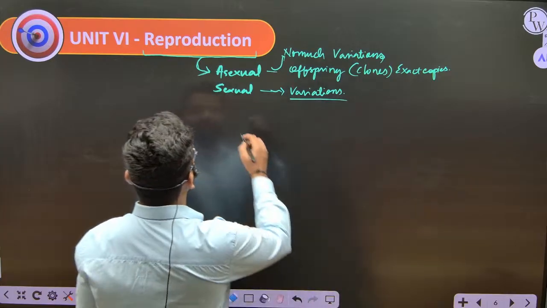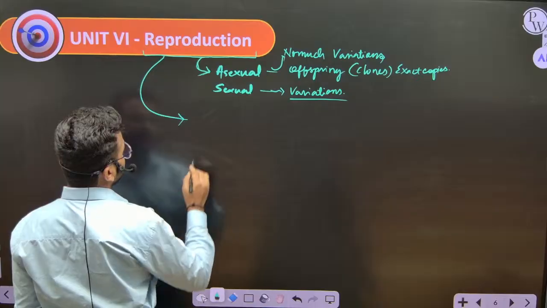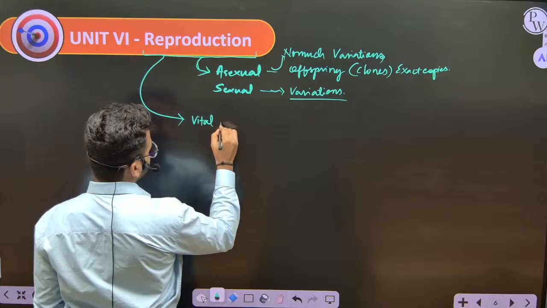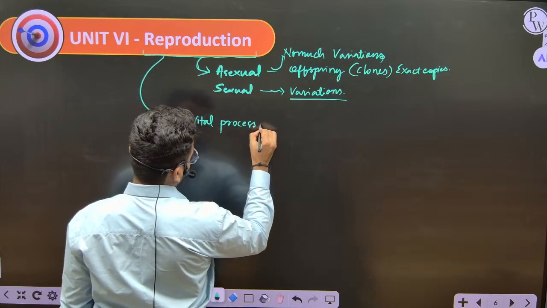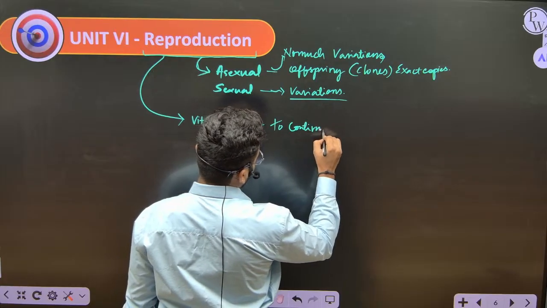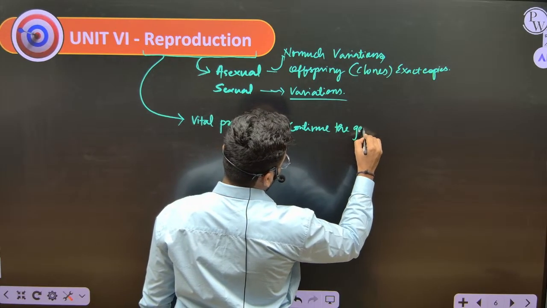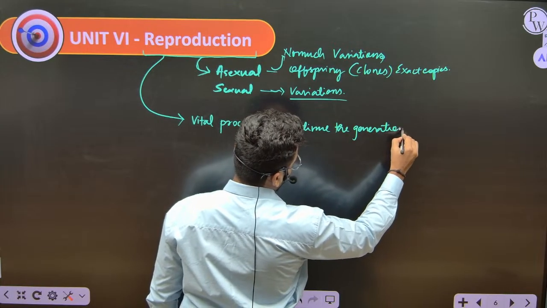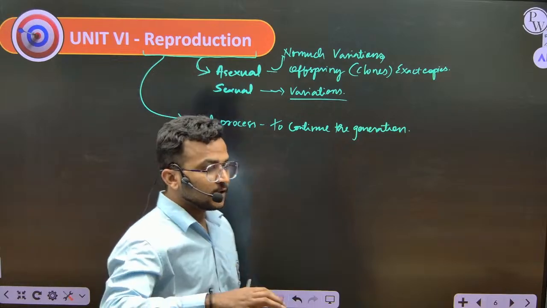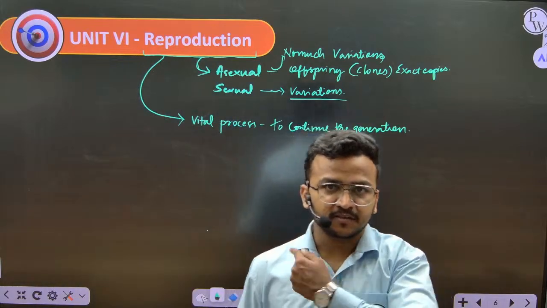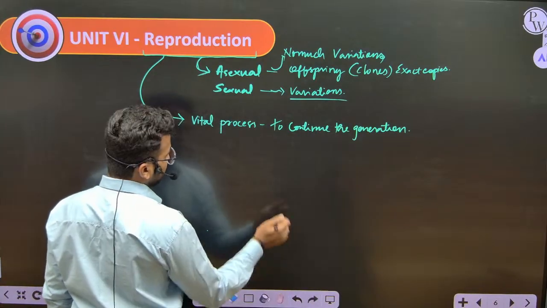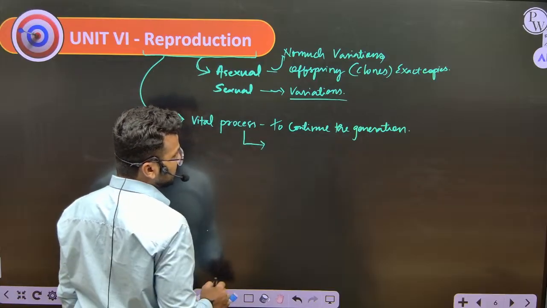So this reproduction helps us to continue the generation. It is the vital process. If species are existing today, if species are alive today, it is because of this process. Why are we calling it a vital process?